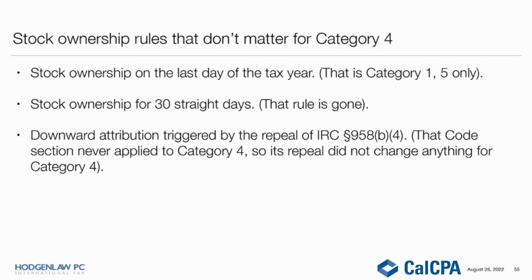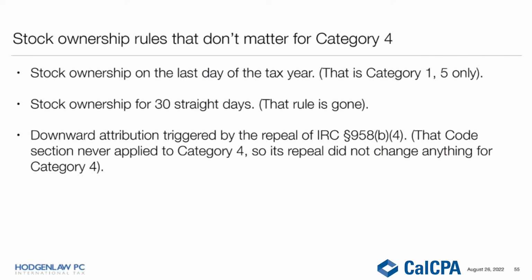Now, if your brain is like mine and is just littered with the debris of a few decades of tax practice, you have these memories of rules that used to be and no longer are. And so these are the ones that don't apply. So, you're reflexive. Oh, I got a 5471. And do I have to own stock on the last day of the tax year?